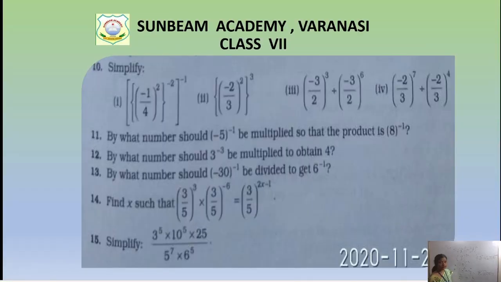See the next part. Question number 11, children. By what number should minus 5 to the power minus 1 be multiplied so that the product is 8 to the power minus 1? Okay. Question number 11 I am doing now.